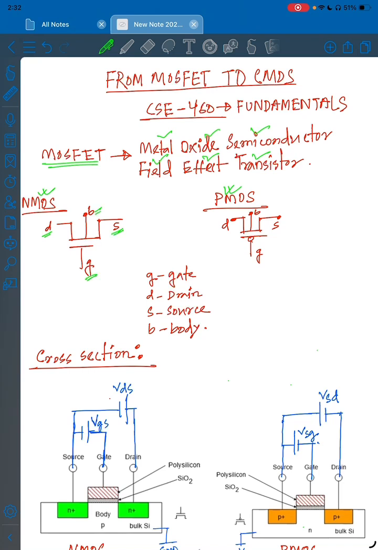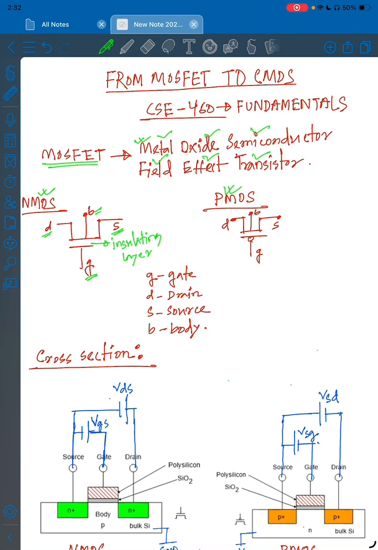The gate terminal represents the metal. The oxide is the insulating layer between the gate and the semiconductor, and the semiconducting part is the drain terminal, source terminal and the body terminal.